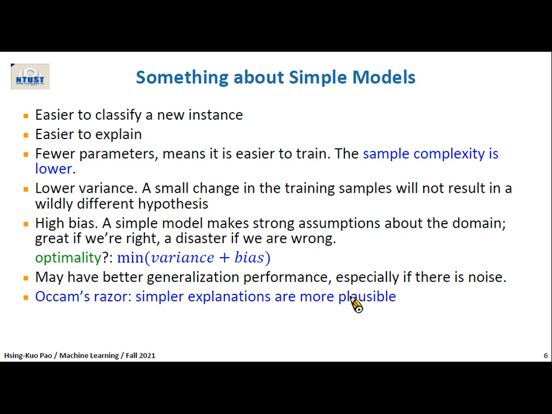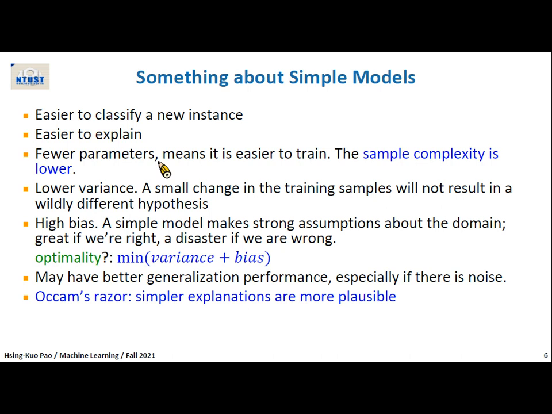And also, why do we prefer a simple model? There are a lot of reasons for that, such as that it may be easy to classify, meaning the testing is easy. Easy to explain, right? Easy to explain because when we don't have a lot of rules, things will be easy to understand. Who needs to understand here?